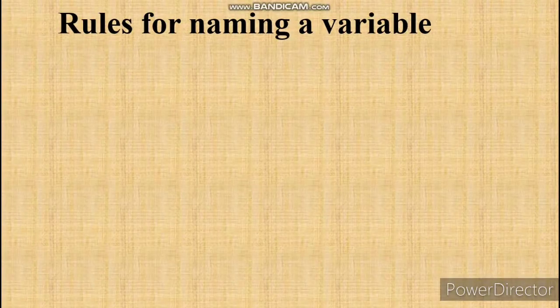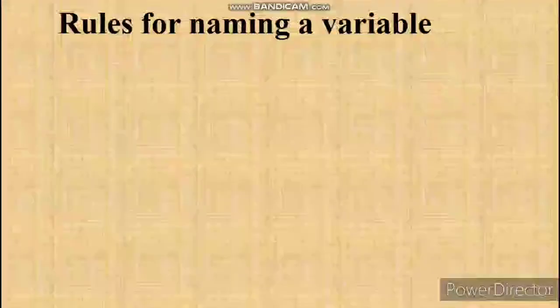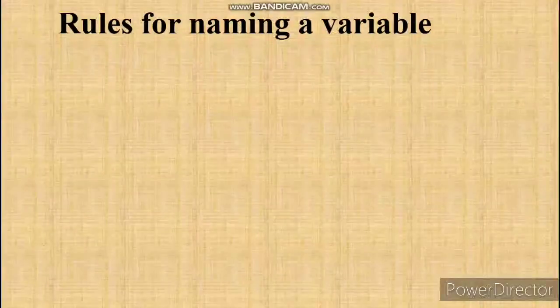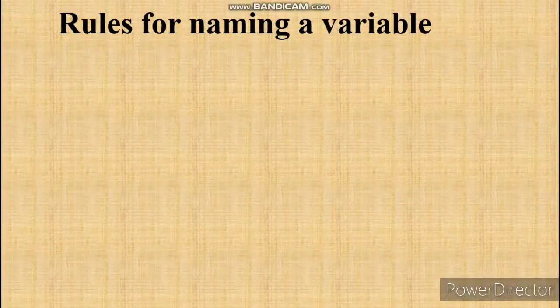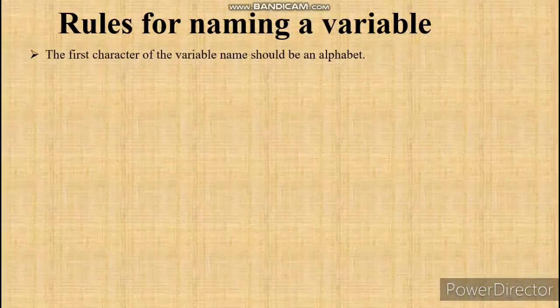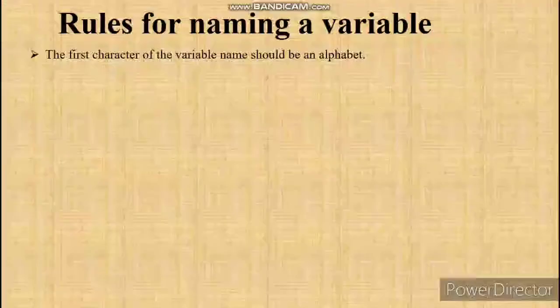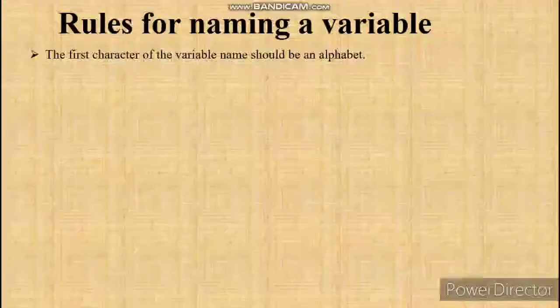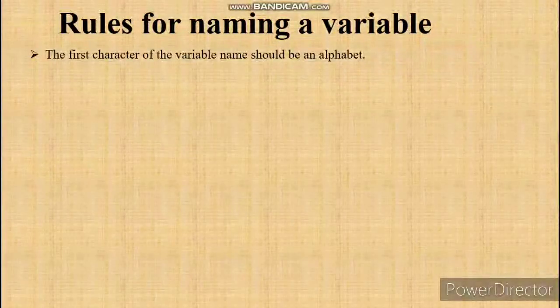rules of naming variables. There are some rules for naming a variable. When you give a name to a variable, then you should keep some points in mind. The first point is the first character of the variable name should be an alphabet.